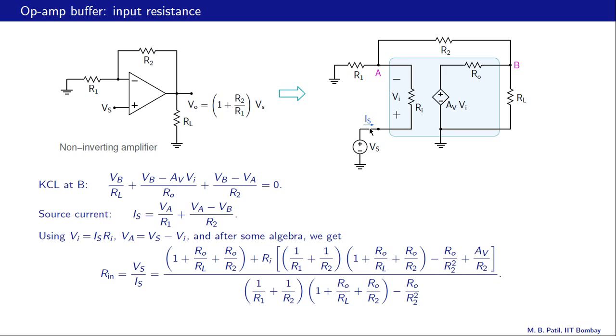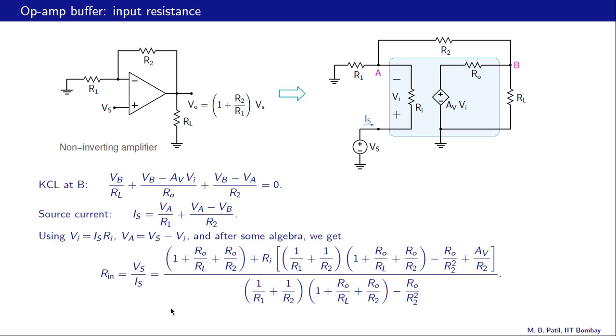Once we obtain Is, we can find the input resistance as seen from there as Vs over Is, and that turns out to be this expression here. It is a bit messy, and you are of course encouraged to do all the algebra and arrive at this result.